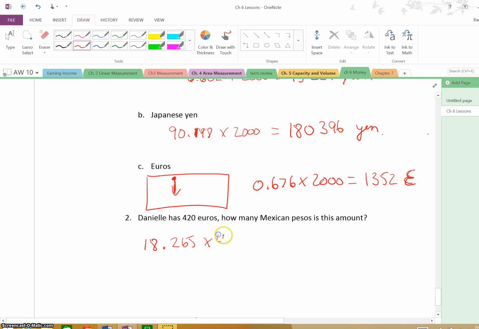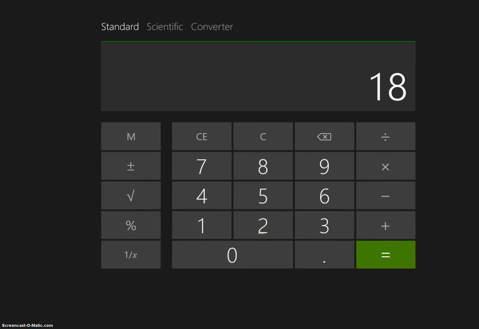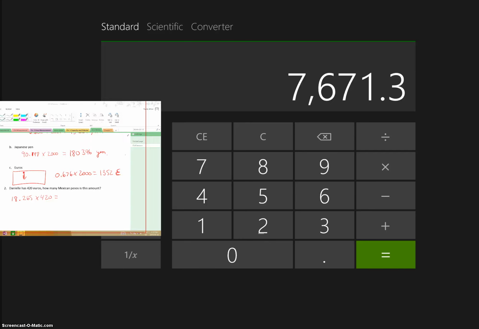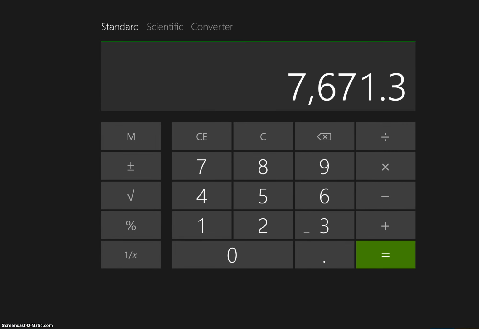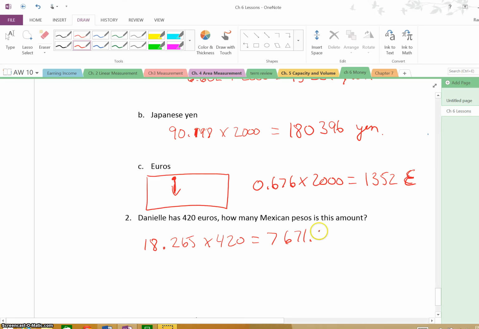She multiplies that by 420. So 7,671 and 30 pesos.